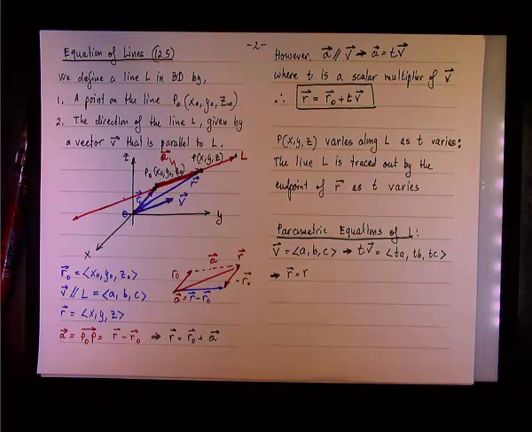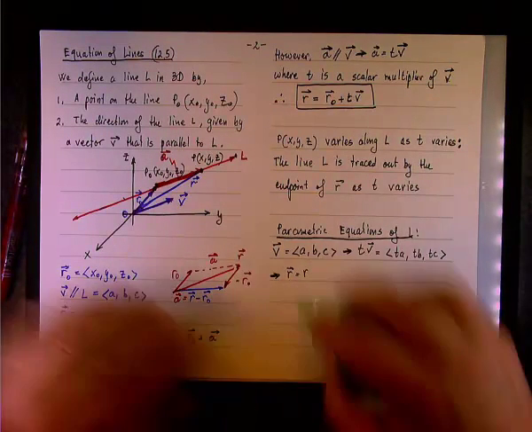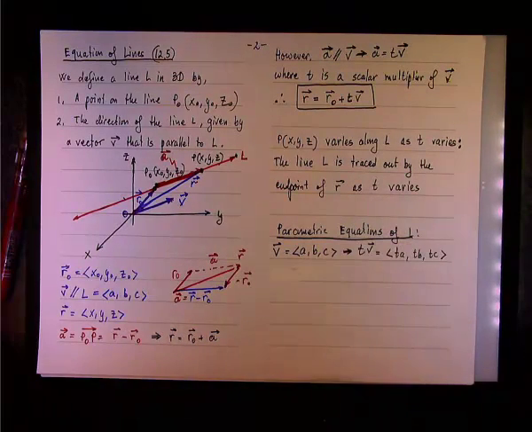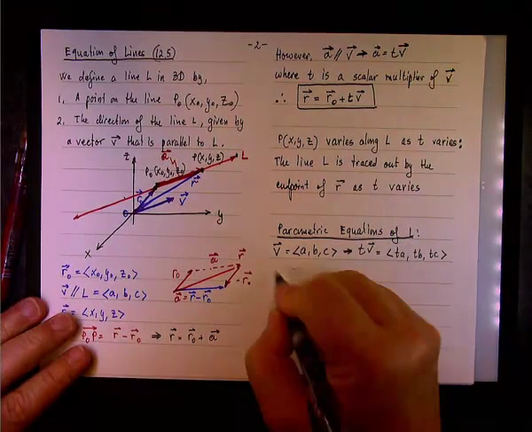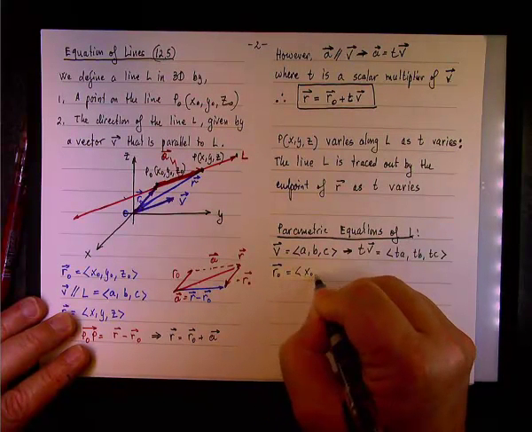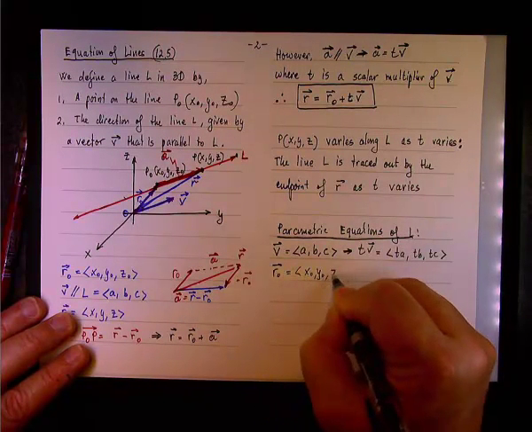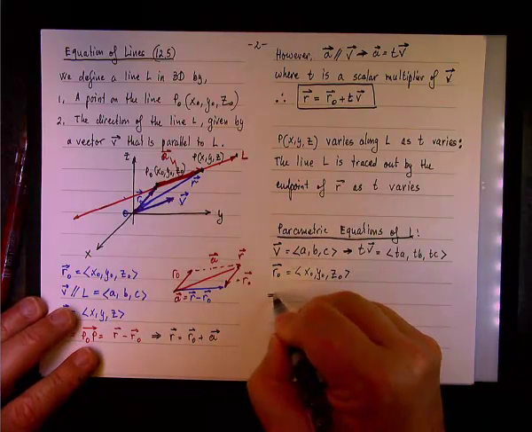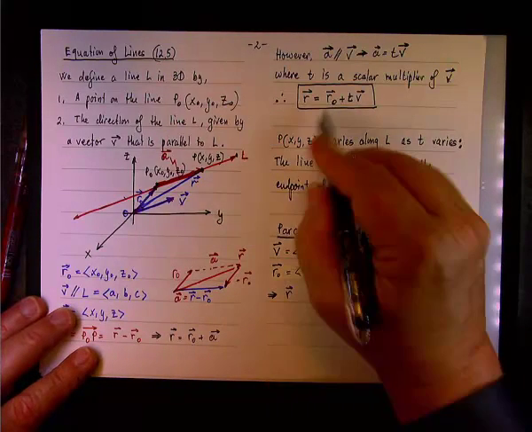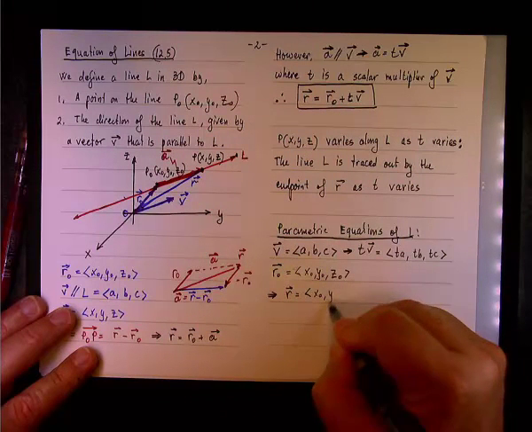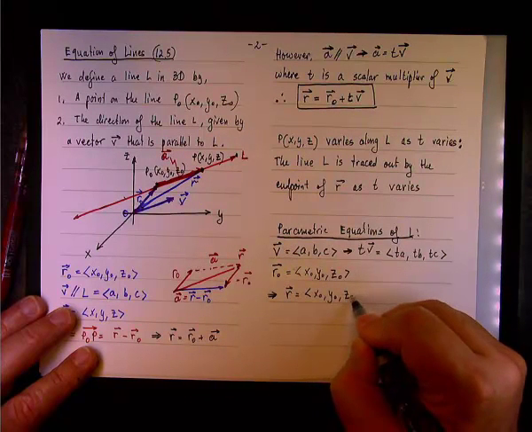Okay, and let's remind ourselves that R sub 0, or R naught, is the vector x sub 0, y sub 0, z sub 0.